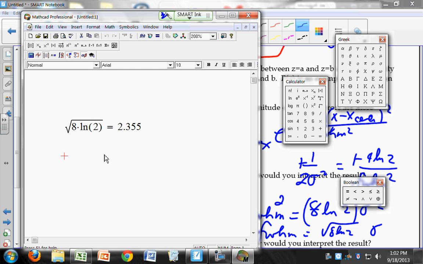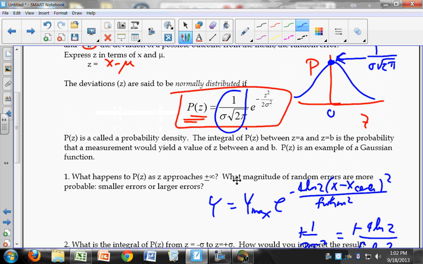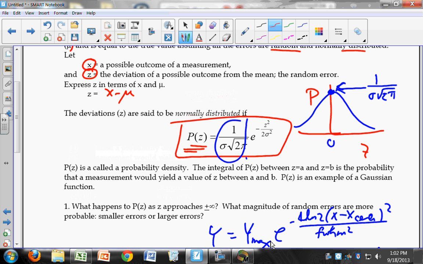Okay, so 2.36 sigma. So this width right here, do I have it right? Yeah. Okay. So this width right here is FWHM. So at half maximum, the width from here to here, this difference, is 2.36 sigma.